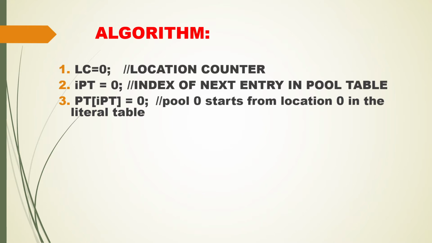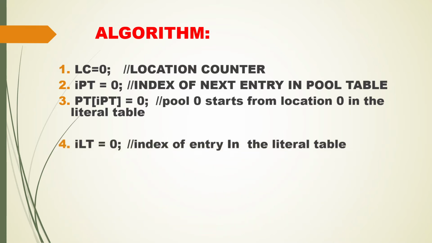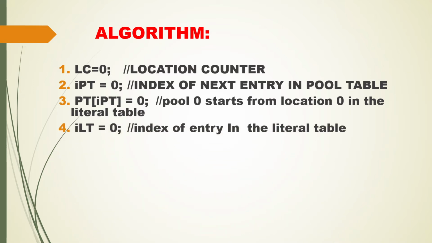Pool 0 starts from the 0th location in the literal table. Again, the pool table pointer is initialized to 0. Then the index of the entry in the literal table is initialized to 0. Till the fourth step, we are just doing initialization to 0.